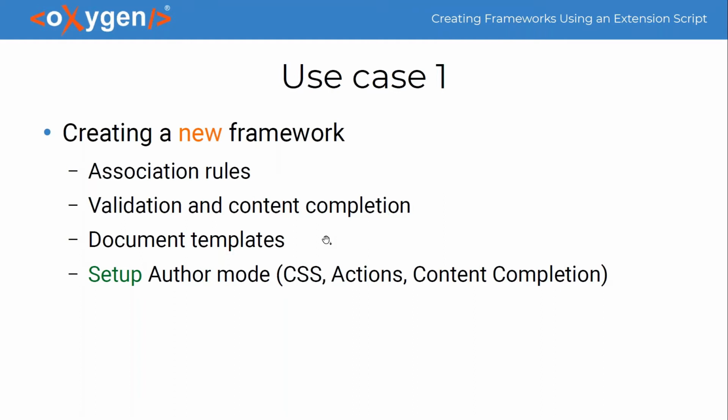We don't have time to do everything in the framework, but let's create the association rules, which are mandatory, like I said, set up the validation, content completion, have some document templates, and we'll also set up a bit the author mode, like providing a CSS and an action, and maybe contribute an action in the content completion.